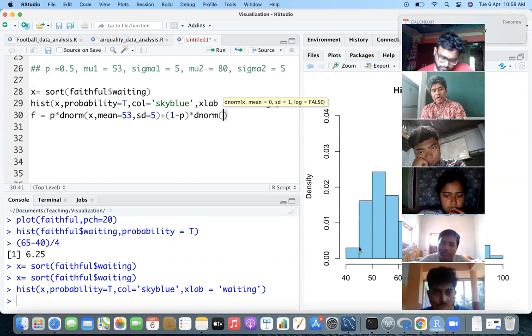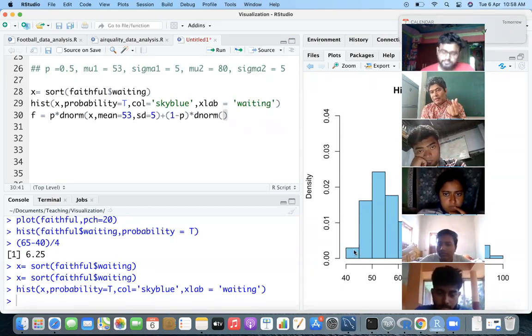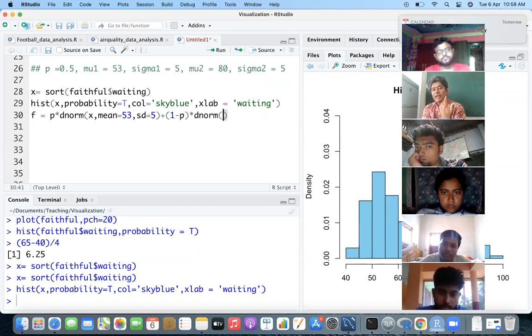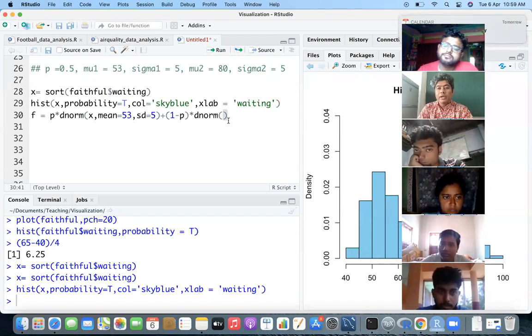If you have a point, say 40, and the next point in your vector is say 80, it will draw a simple straight line between the two. But if you have sorted it, then it is 40 and then 45, and it joins those, so the final line will become nice. We'll run it without sorting and with sorting, and you will see the problem if you don't sort when we draw the histogram.